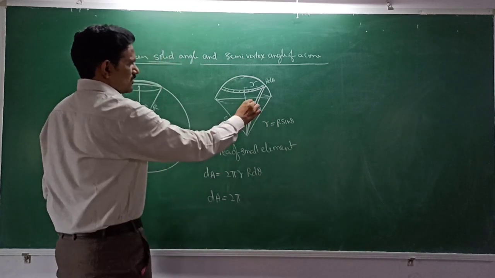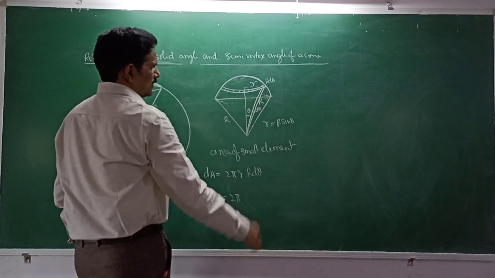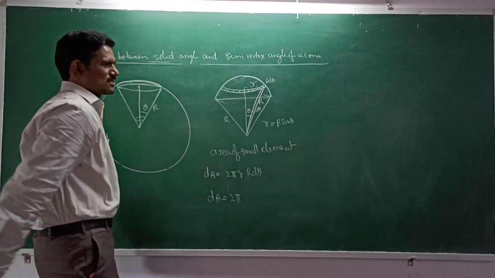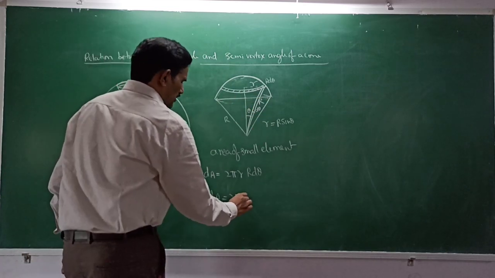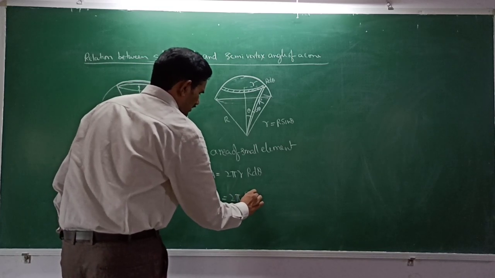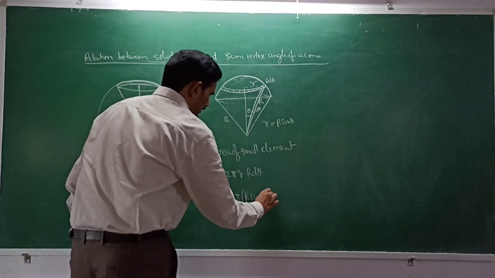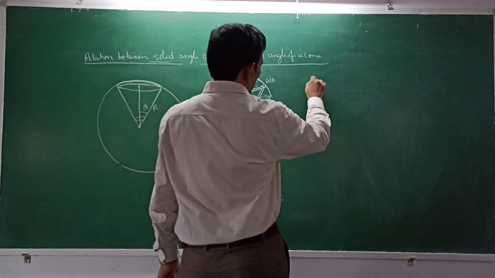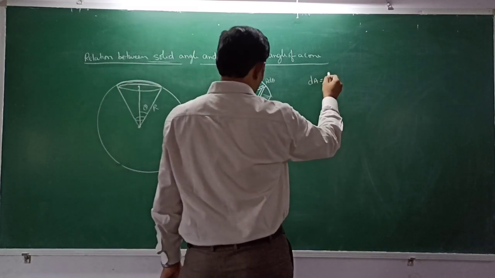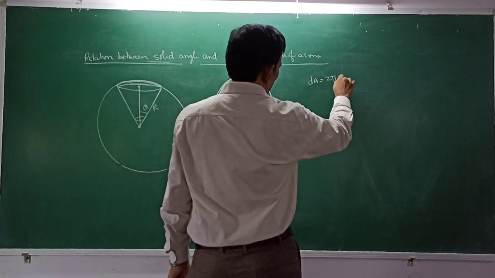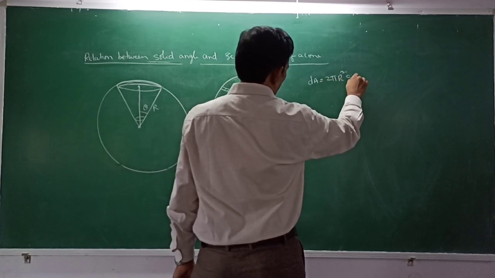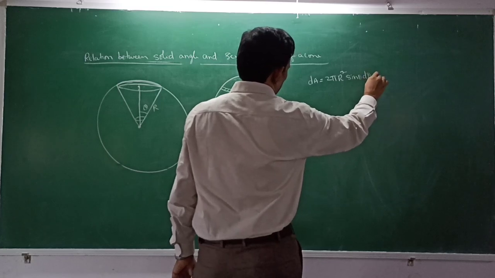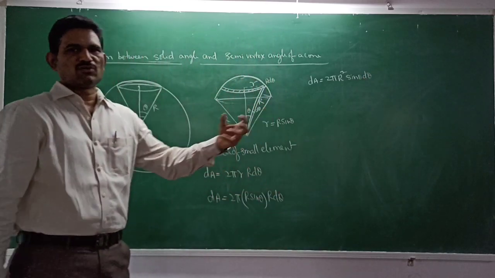So this is our capital R here. So this small r we can write as R sin theta. And so then this will be 2 pi R sin theta into R d theta. Therefore dA is equal to 2 pi R square sin theta d theta, right? So that is the area of our element.